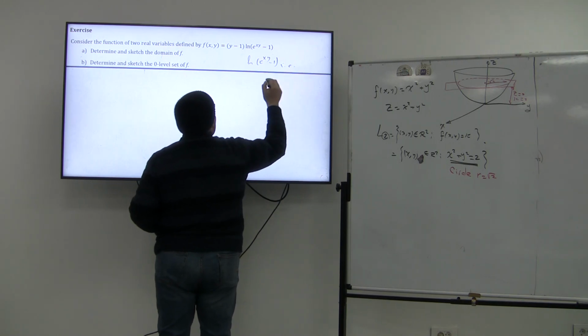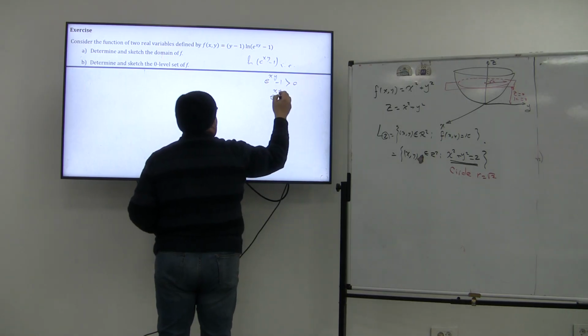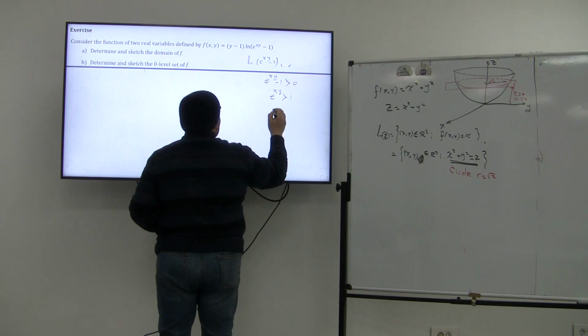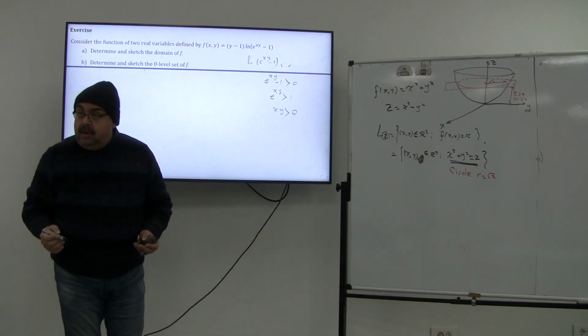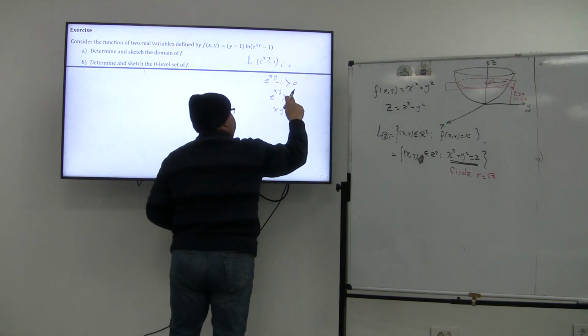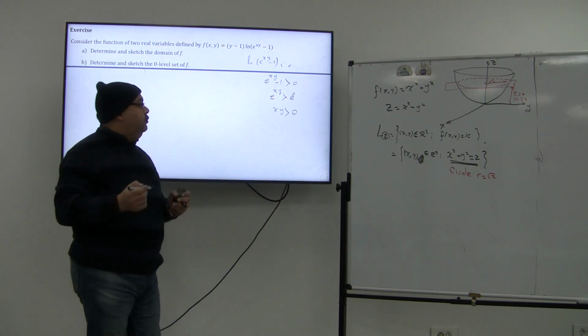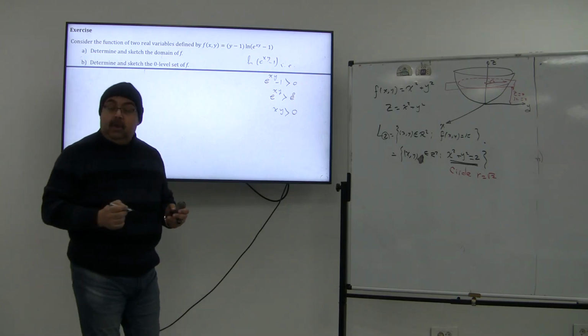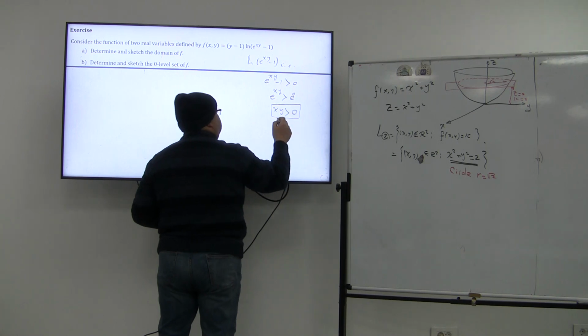That will lead to e to the power of xy minus 1 should be greater than 0, which means e to the power of xy should be greater than 1, which means xy should be greater than 0. Because 1, Adham, we can imagine it as e to the power of 0. Are you with me? Since the bases are the same, I'm going to talk about the powers. What does xy greater than 0 stand for?